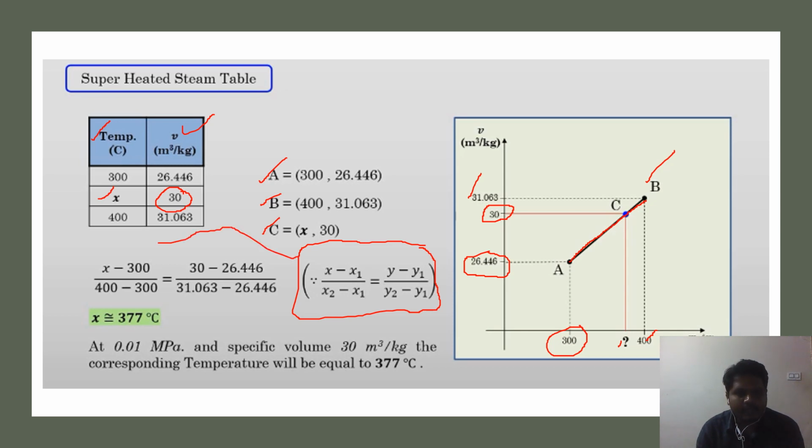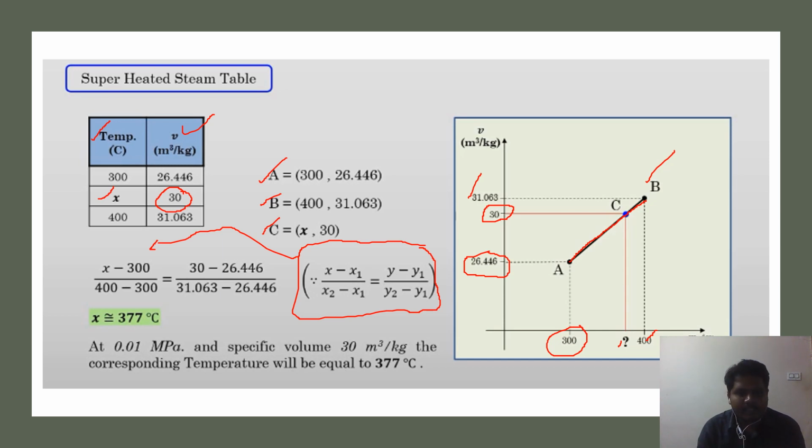If you substitute all the values here, x minus 300 divided by 400 minus 300 equals 30 minus 26.446 divided by 31.063 minus 26.446.